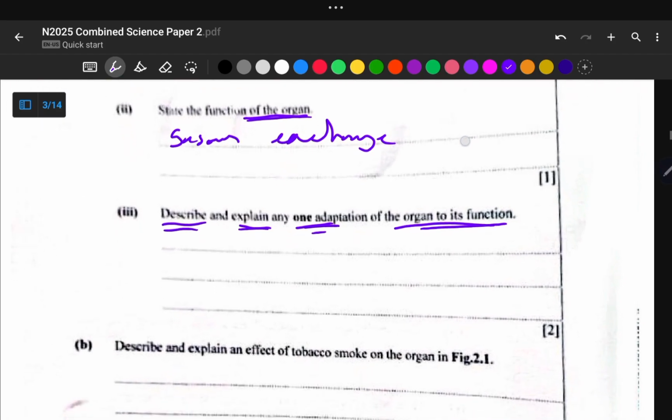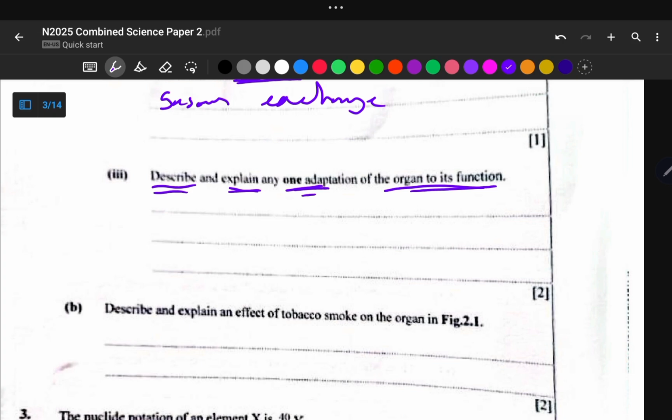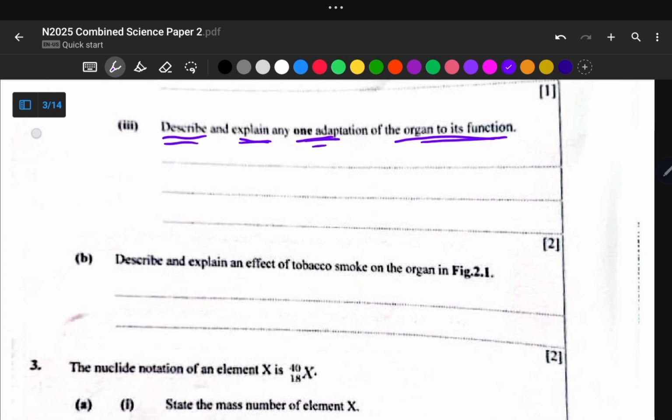All right. So first, the alveoli have a large surface area, meaning you've increased surface area for efficient gaseous exchange, right? So we can say large surface area, to increase the efficiency of gaseous exchange.